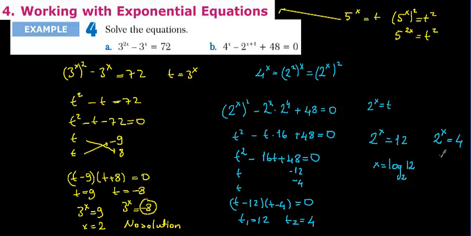And here x, there's no need to solve this one by logarithm. 2 to the power of x is going to be equal to 2 to the power of 2, so x is equal to 2. So there are two solutions here, logarithm base 2 of 12, and x is equal to 2.